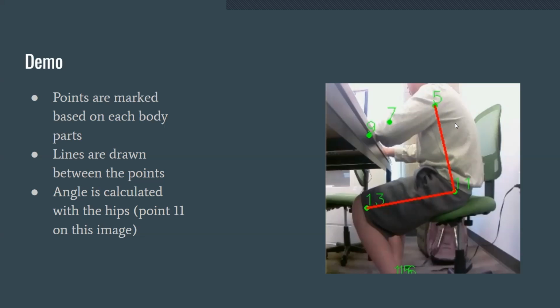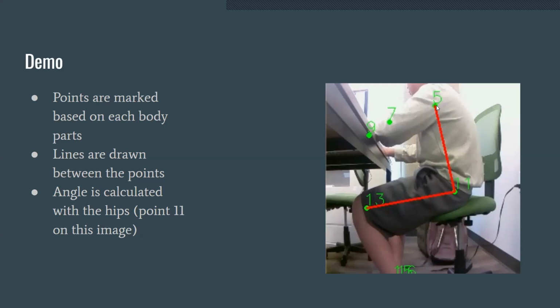Here's a picture of me sitting in front of a computer, and there are green dots. These are the dots that TensorFlow marks on my body, on the image. And the red line I just want to demonstrate to you. Actually, the red line in reality does not have any real purpose.